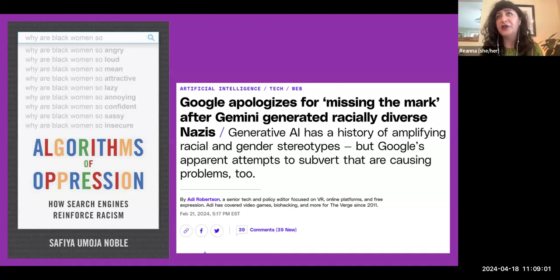Google's generative image creator, Gemini, in a way to keep it from reinforcing racist stereotypes, instead decided to create a sort of multicultural world. But unfortunately, that also is somewhat problematic when we're thinking about how we talk about different historical moments and images related to them.